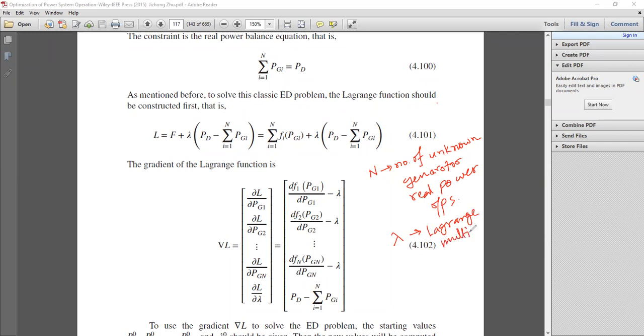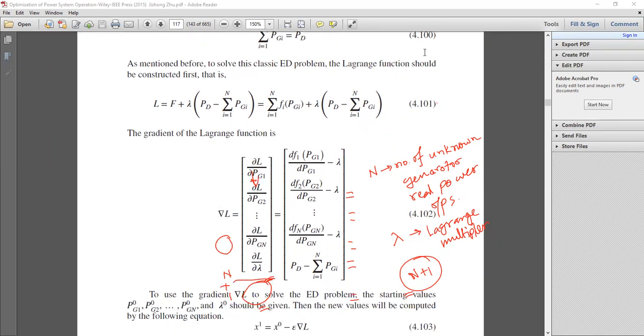So in total we had to play with n plus 1 unknowns. In this vector del L, that is the gradient, there should be n plus 1 entries. The first entry is the partial derivative of L with respect to Pg1, up to the partial derivative of L with respect to Pgn. Up to this point you have n, and then the other one is L partially differentiated with respect to lambda. And these are the corresponding calculated values for each of the partial derivatives.